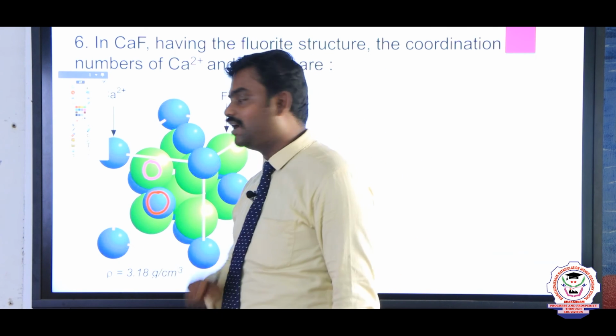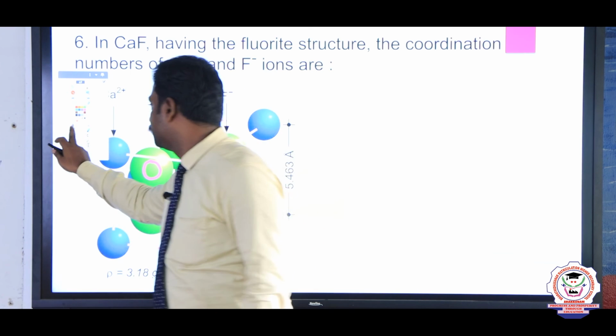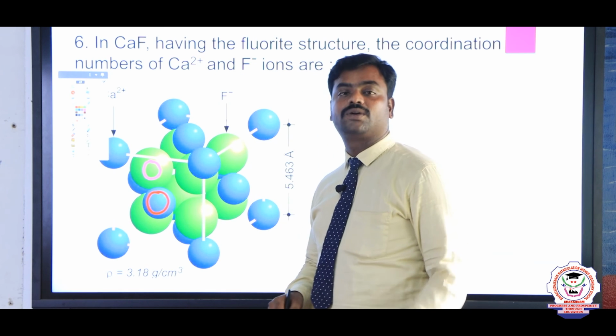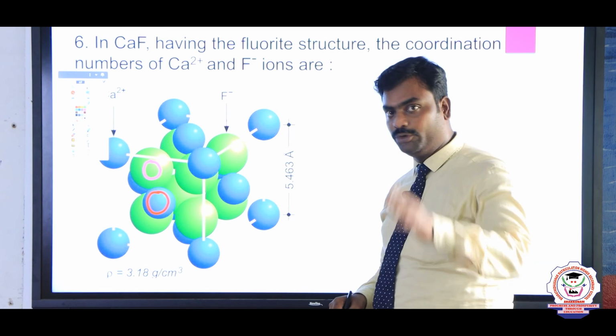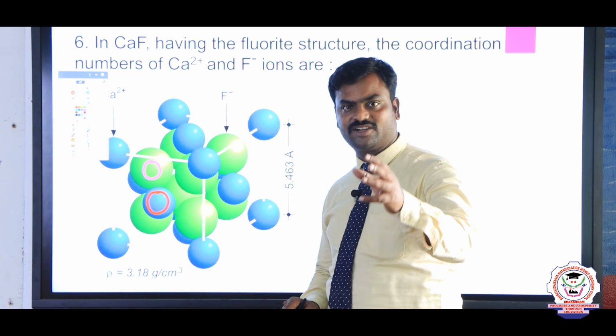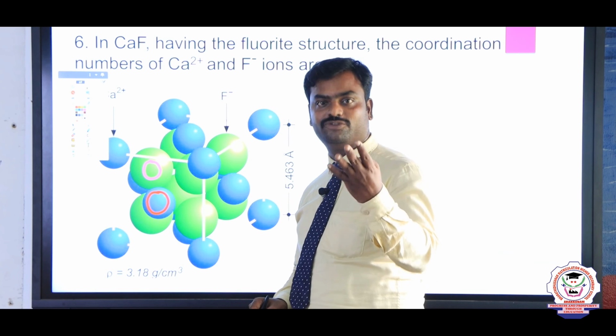So now how to find the coordination number? Take the fluoride ion. Fluoride is occupied at the tetrahedral void. In a tetrahedral void, the closest and nearest neighbors are 4.